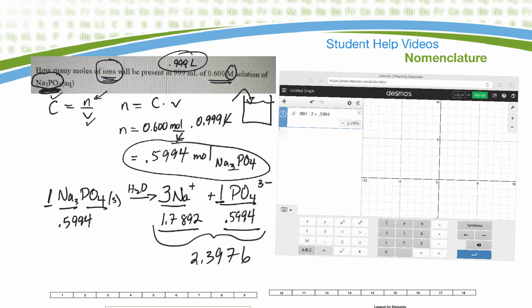If I'm going for sig figs, it looks like I have 3 there and 3 there, so in my answer, I should give 3. This would bump that up, so it'd be 2.40. So there'd be 2.40 moles of total ions in the solution.